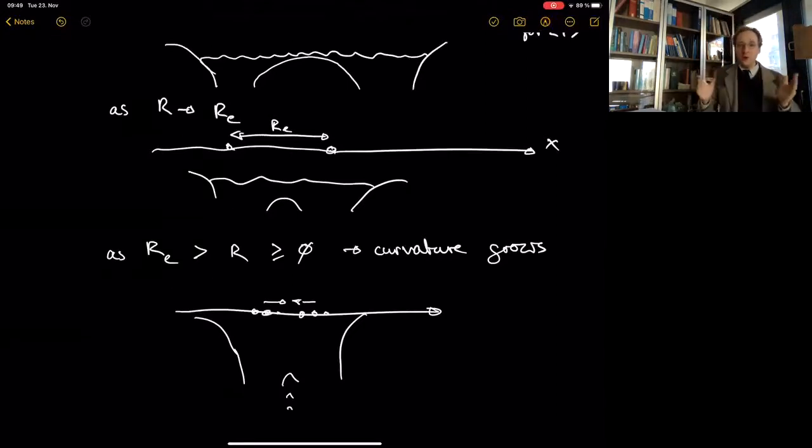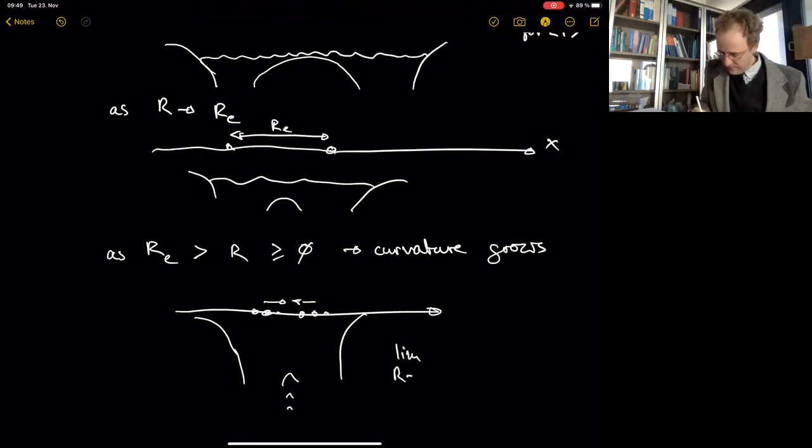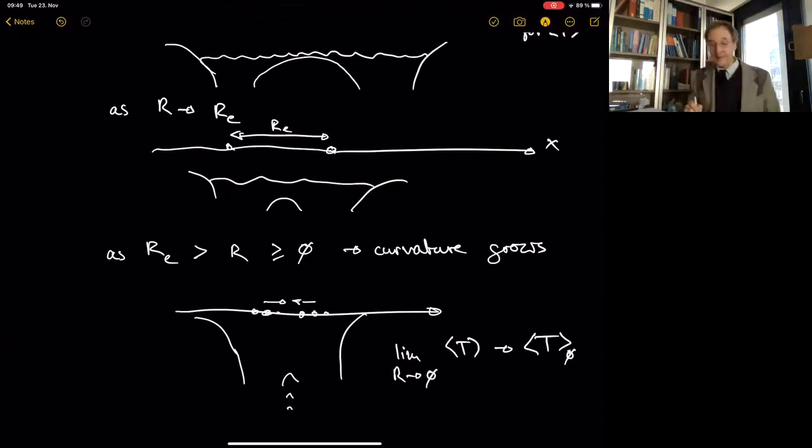Your curvature grows, but it grows increasingly less, leveling off in the limit of R going to 0, right? So your T converges towards the T at 0 distance.